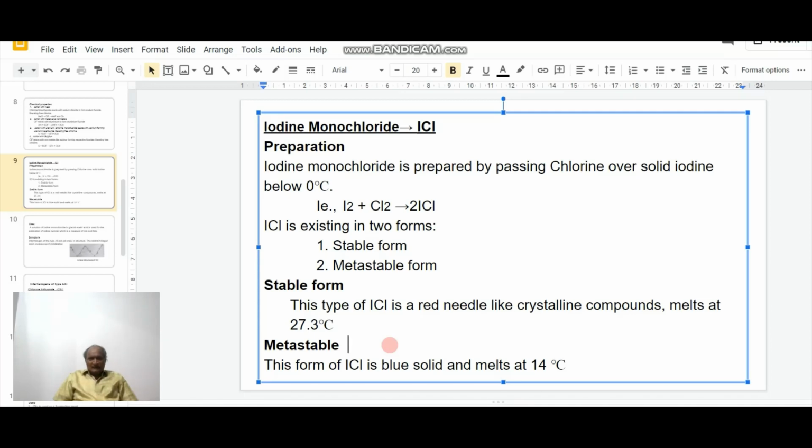Whereas the metastable form of iodine monochloride is a blue solid and melts at 14 degrees centigrade.